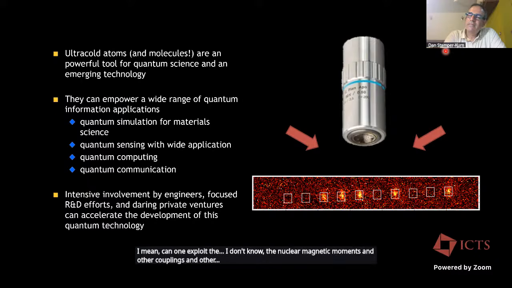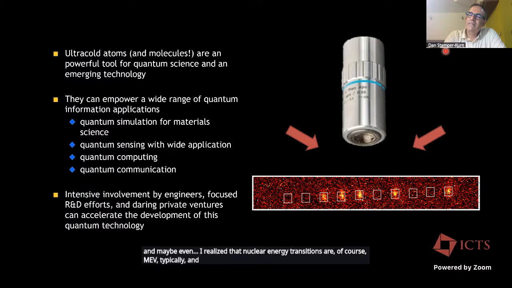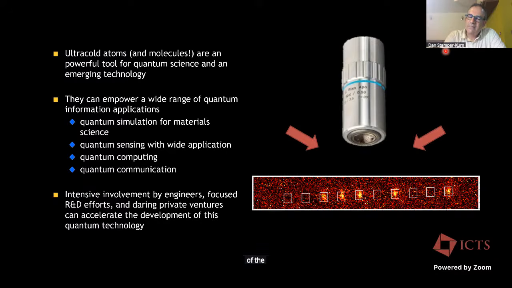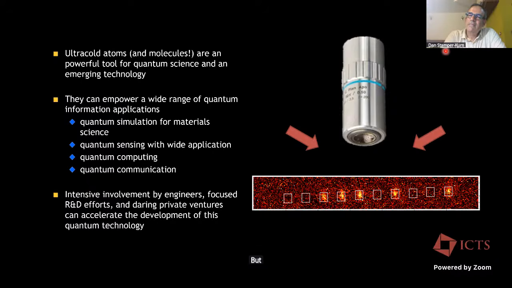I realize that nuclear energy transitions are, of course, MeV typically, and not of the same scale, the electron volts of the atomic transitions. So maybe, except maybe some funny examples like this thorium case for nuclear clocks. But are there some other aspects?